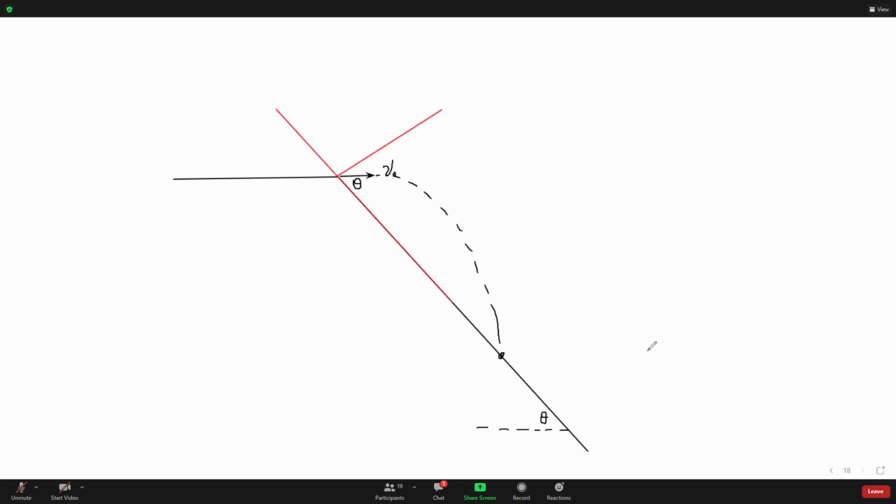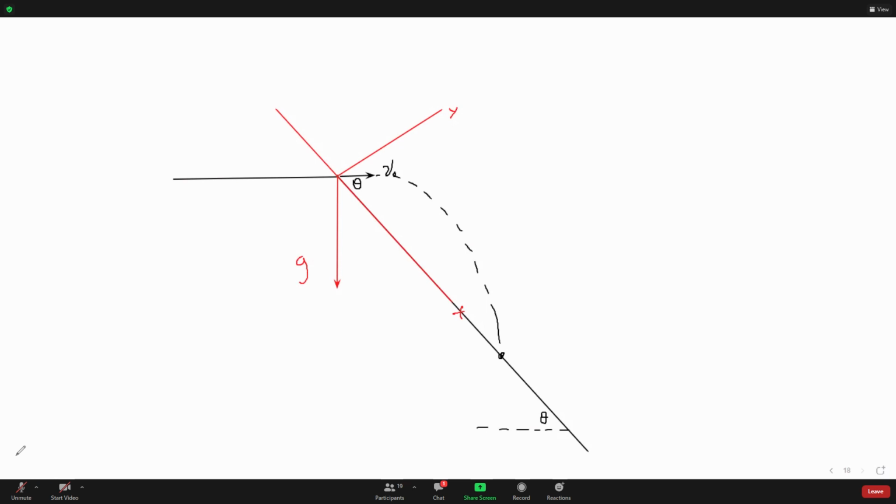And I'm going to call this the new x coordinate and this the new y coordinate. Now, my gravity vector is like this. G is pointing this way. Because here is the trick.